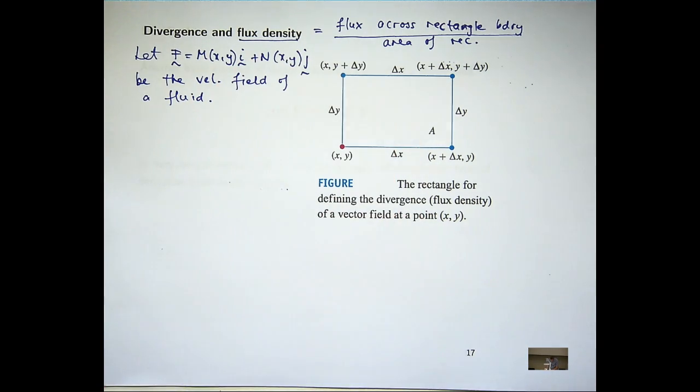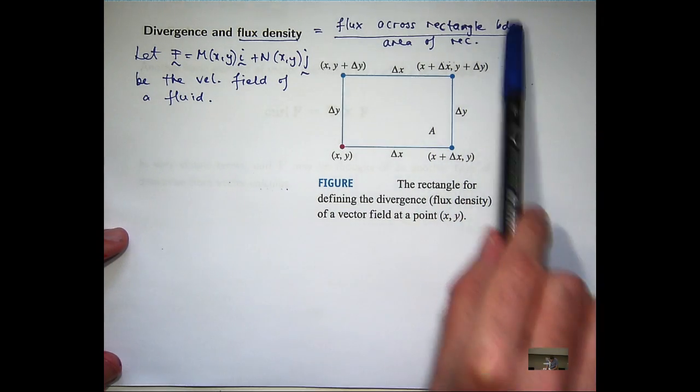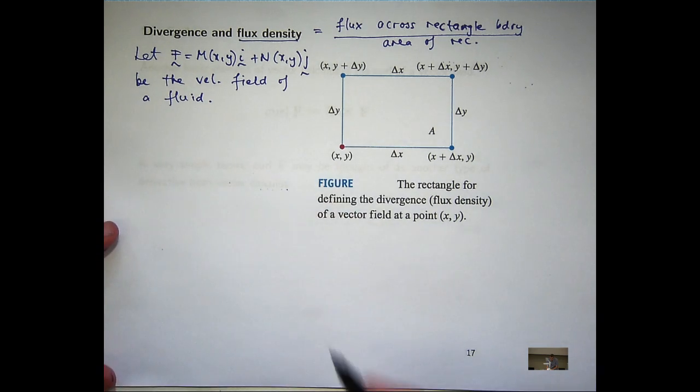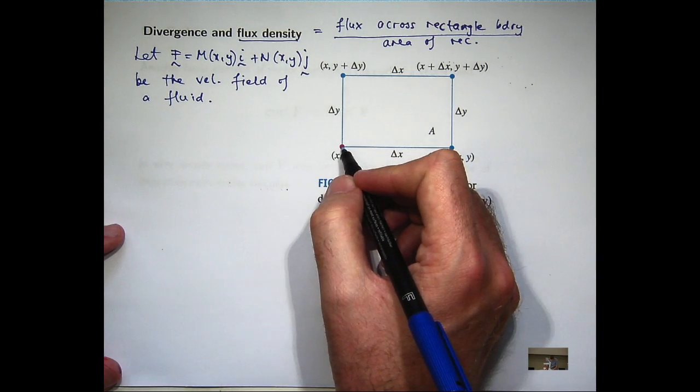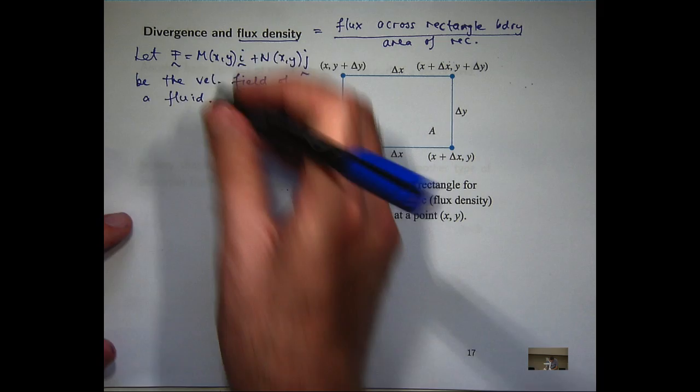Essentially, to calculate the flux across the boundary of the rectangle, we are going to look at the flux across each edge and then just sum up each of those flow rates or exit rates.